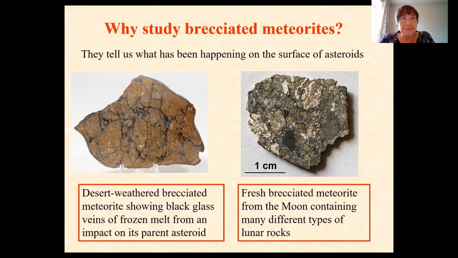This one's from the moon, and it contains a lot of different types of lunar rocks. So if you can't afford a big individual meteorite from the moon, because it's so expensive to buy one from meteorite collectors, you might look at a brecciated meteorite, because it's got all the bits of the surface of the moon in it.